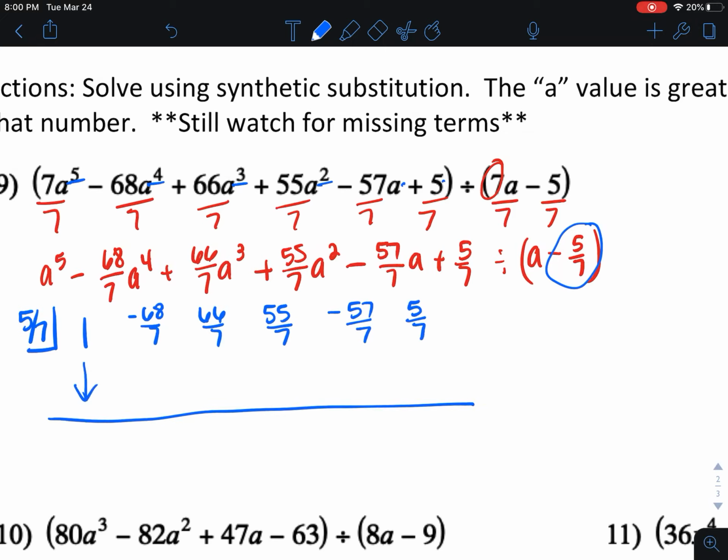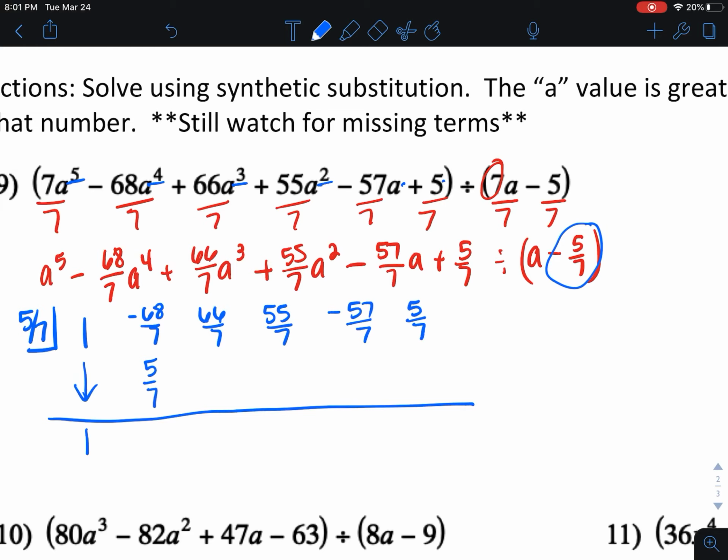Here we go. The first number comes straight down every single time, no matter what. So we have 5/7 times 1 gives me 5/7. When you're adding fractions, you have to have common denominators, and what's really nice is that they're already the same, just the way the problem's set up.